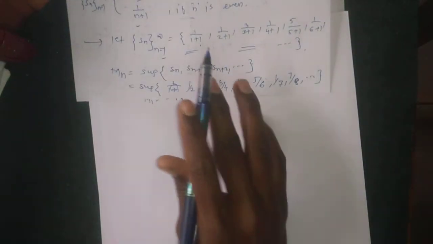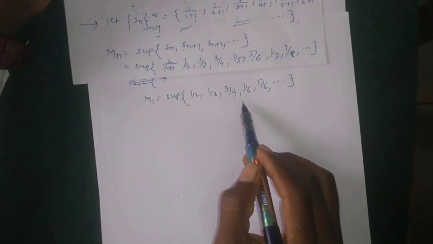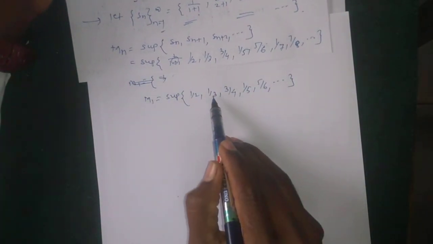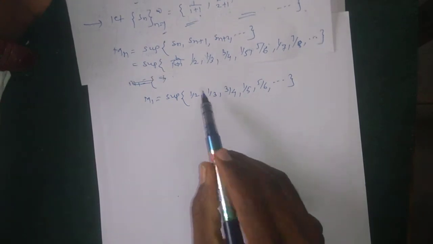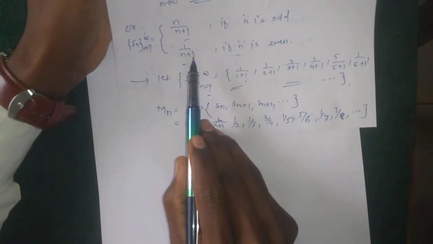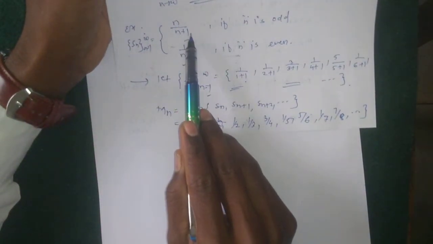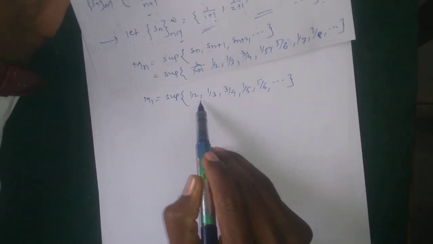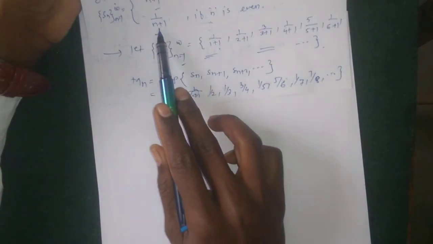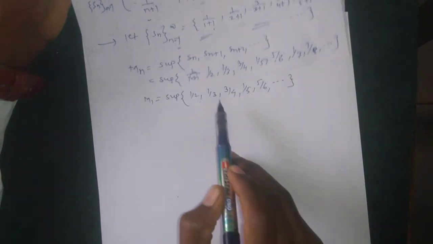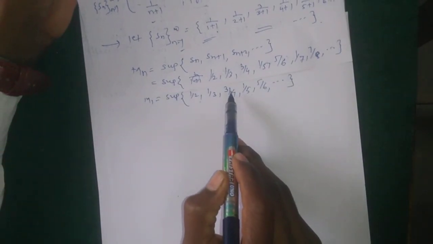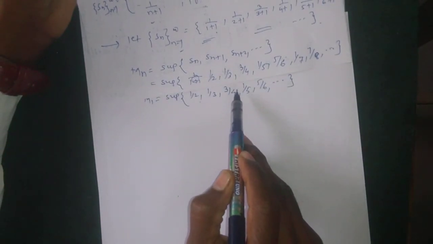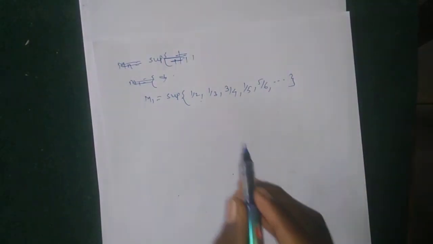Their value is here, when n is equal to 1, n is odd, 1 upon 1 plus 1, that is 1 by 2, then n is equal to 2, then 1 upon 3, then n is equal to 3, then 3 divided by 3 plus 1, 3 by 4, and in this way.